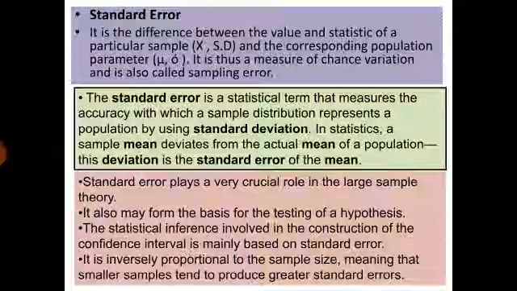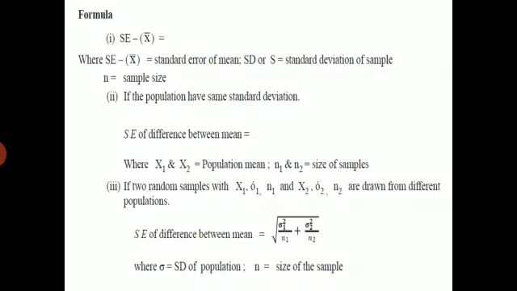In simple words, some values go plus minus in the data, and these small values may change your result. So in all these kinds of calculations, you have to use the standard error. Standard error, SE of x bar, where x bar is the arithmetic mean.